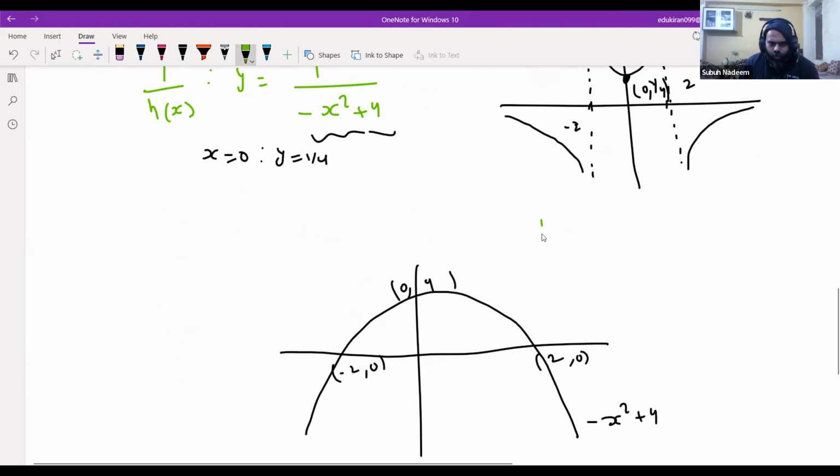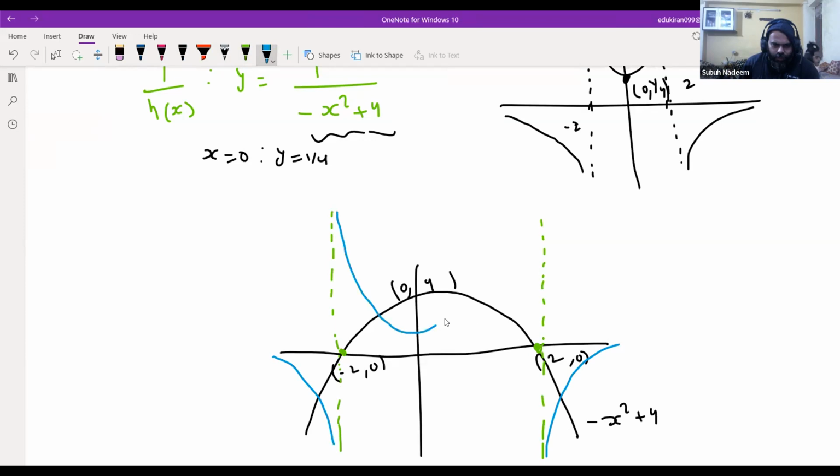And the other graph, its reciprocal graph, is passing through 2, 0 and minus 2, 0. So it would be like this, and this would be like this, and this would be like this. This point is 0, 1 by 4.